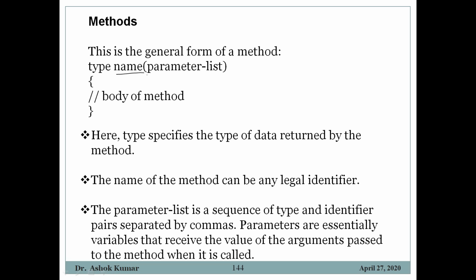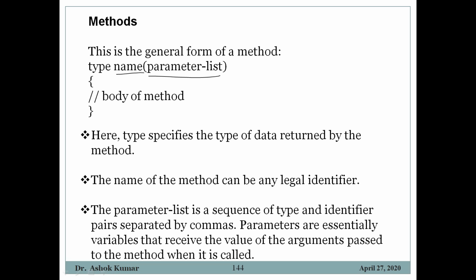Within the parentheses of the method name, you will write the parameter list, the values that you want to pass to the method. And this pair of braces represents the body of the method. In the body of the method, you will write the statements that will decide the purpose of this function, right?